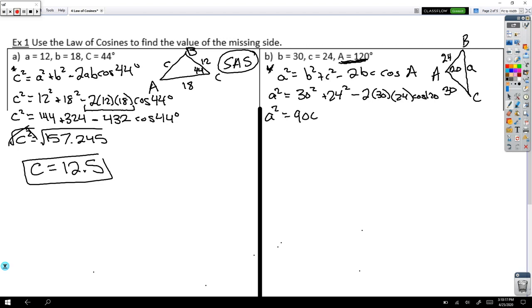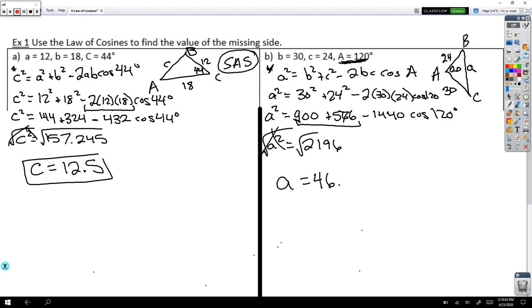We have 900 plus 576 minus 1440 cosine of 120 degrees. So adding these guys up and doing our subtracting there, we get A squared equals 2,196. Square root both sides to get A by itself, and we get A equaling approximately 46.9. Alright, so that's using the law of cosines when we have an SAS triangle.